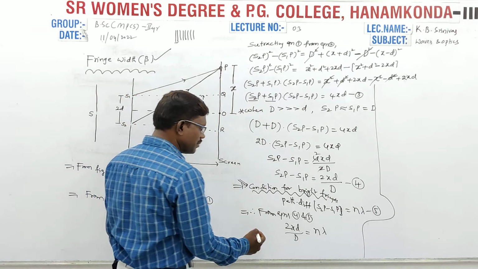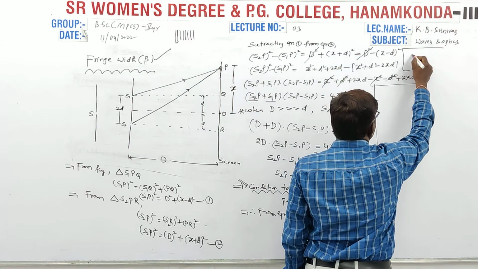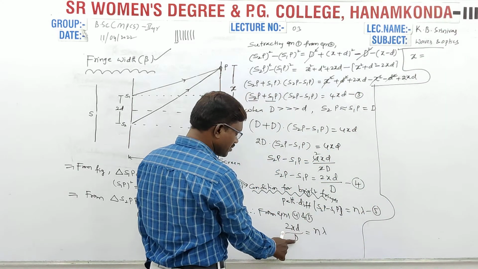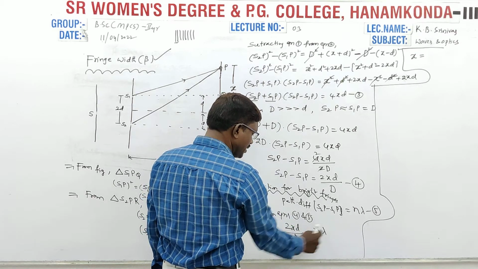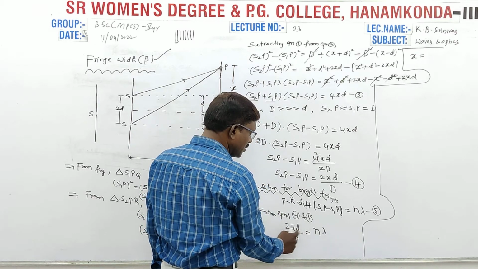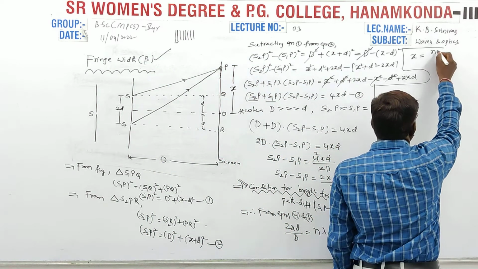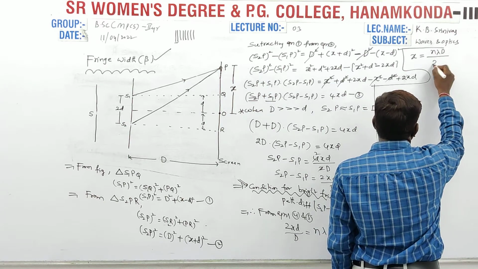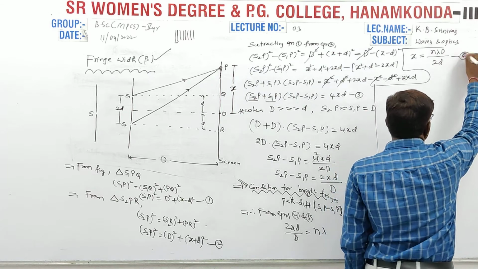So the next step will be x is equal to, just take capital D from LHS to RHS, it comes in the numerator, and this 2d will come in the denominator. Our expression becomes n lambda capital D whole divided by 2d. Let this be equation number 6.